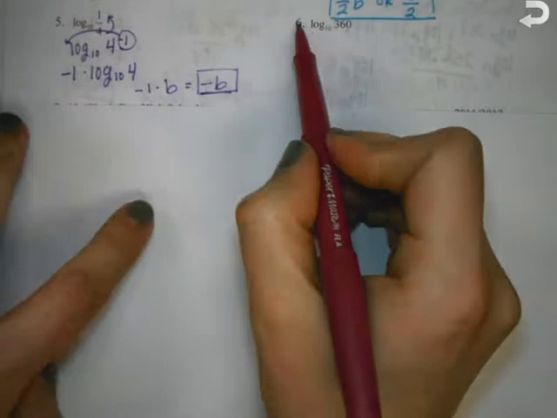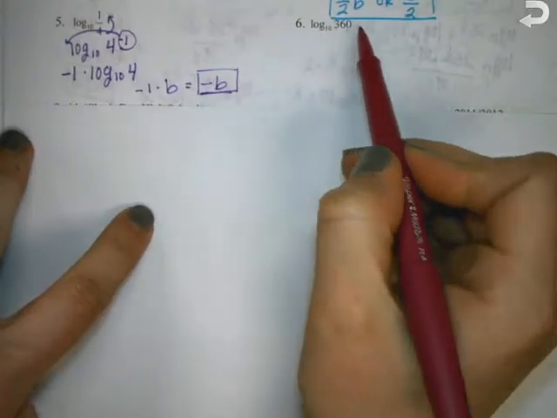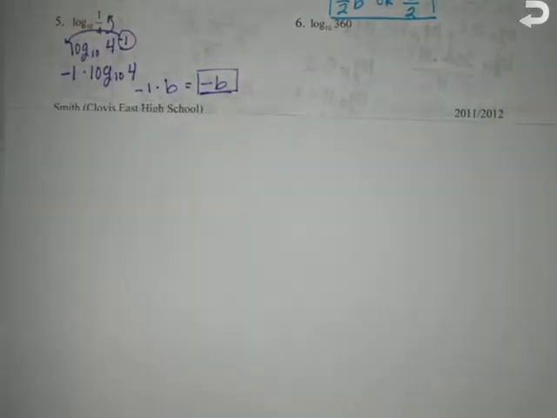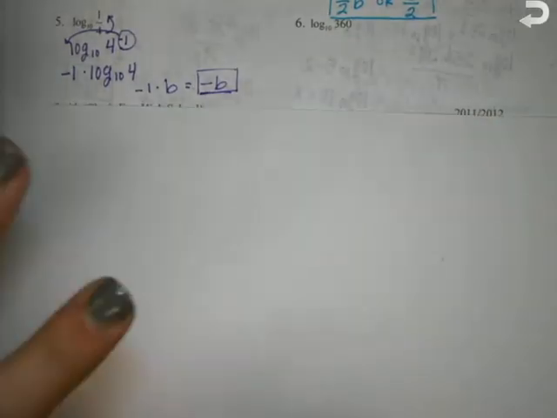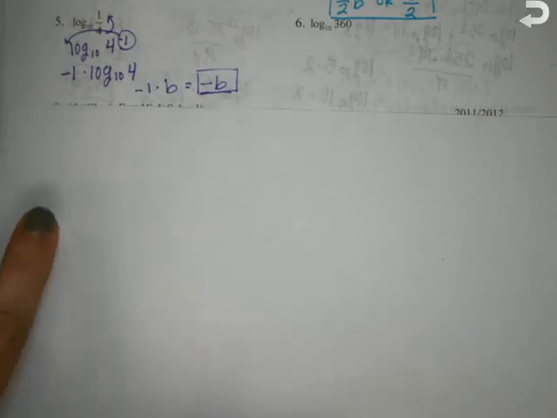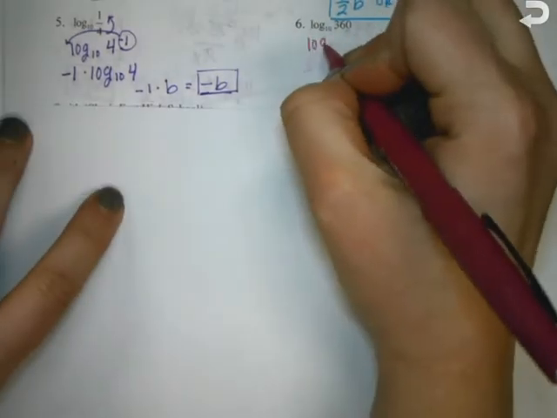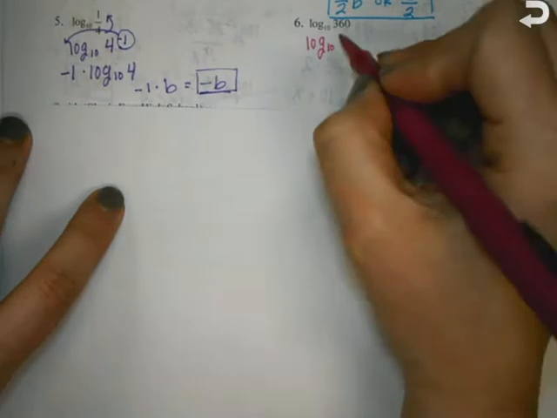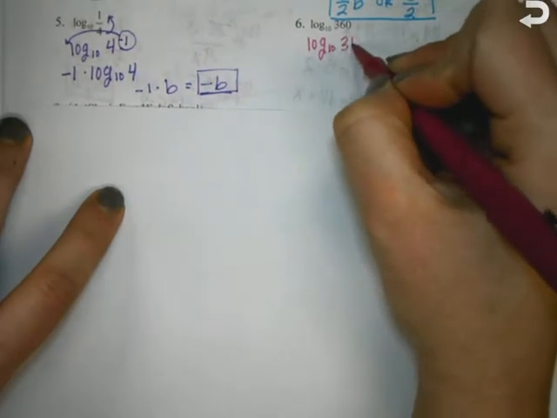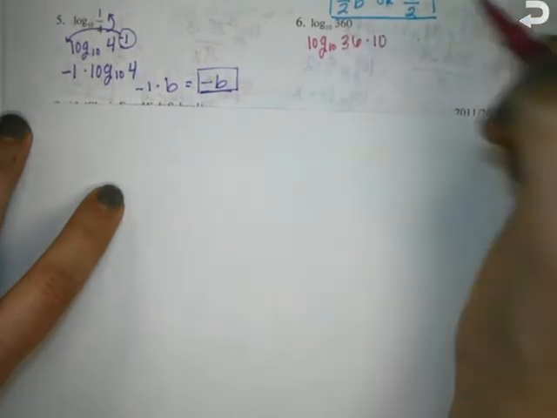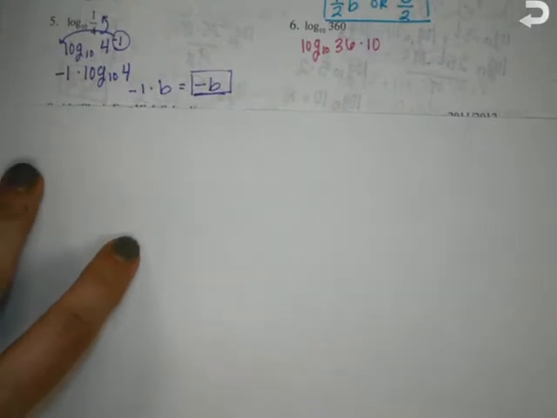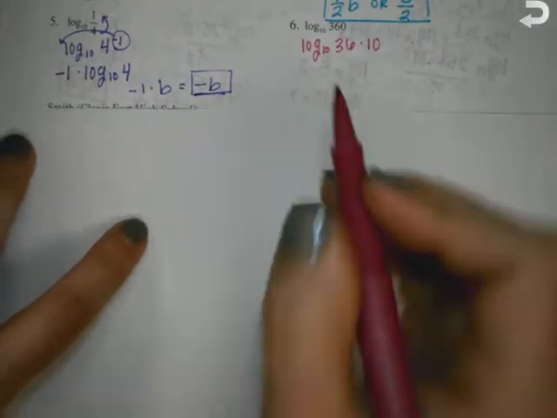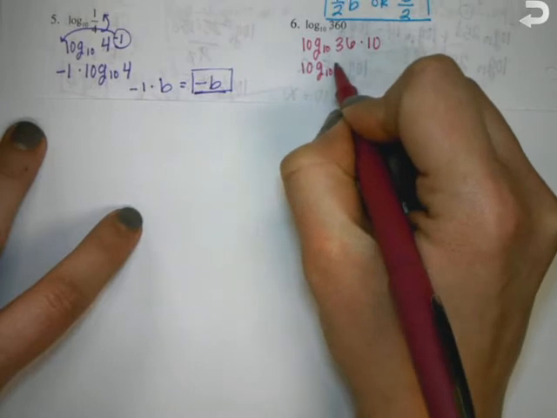Number 6, log base 10 of 360. Now there is one going to be exactly like this on your homework, so I need all eyes up here. How can we rewrite 360 in terms of 4 or 36? Yes. This is the same as log base 10 of 36 times 10. This is going to end up being one of our special rules. Okay? Because this is log base 10 of 36 plus log base 10 of 10.